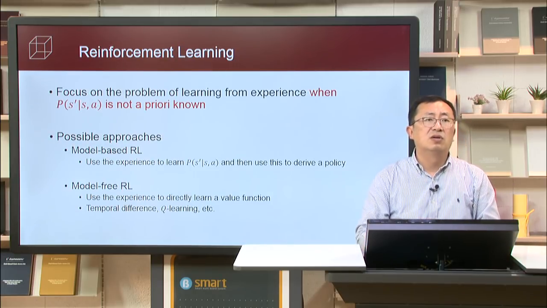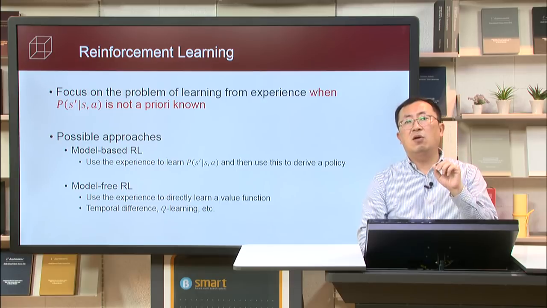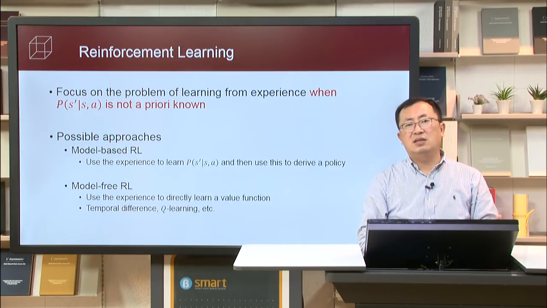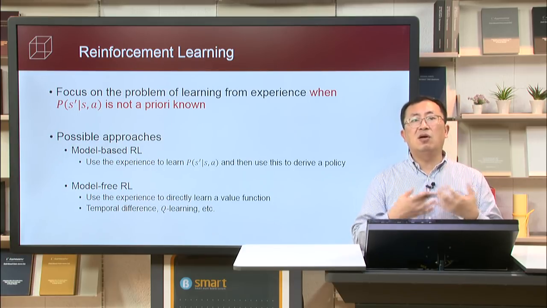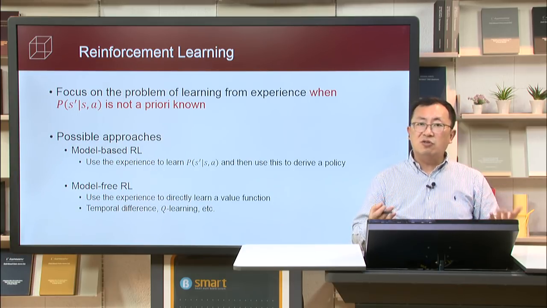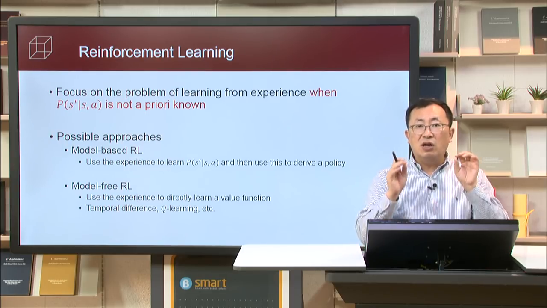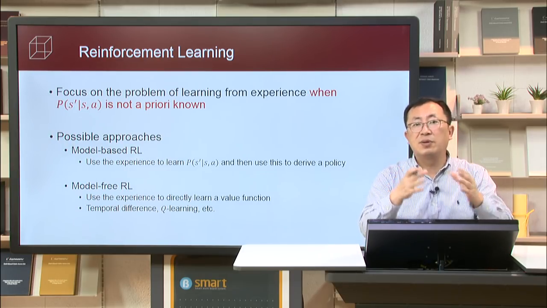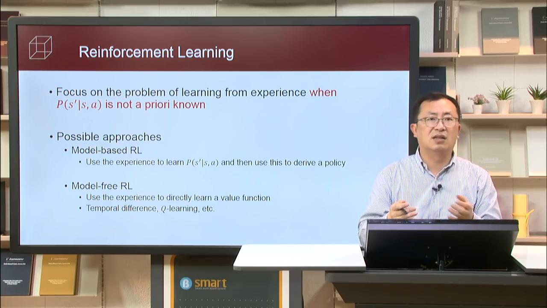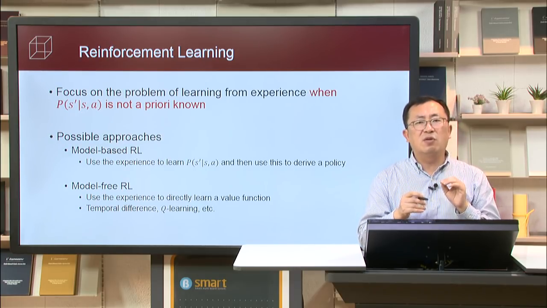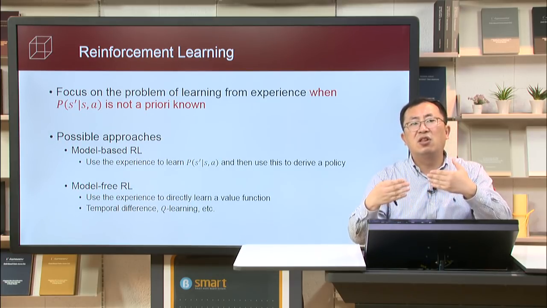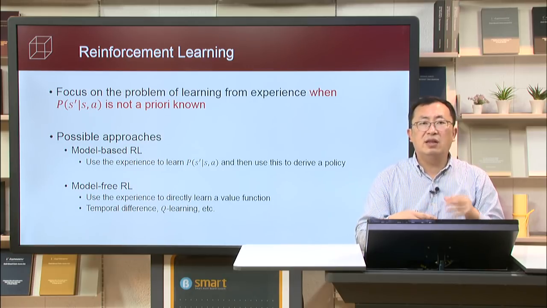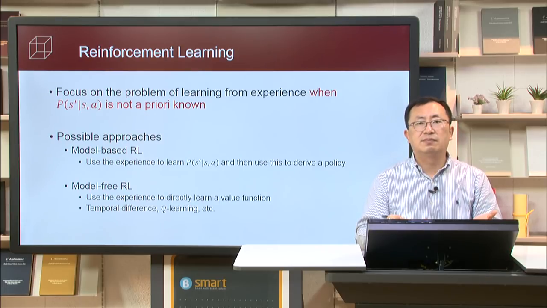All right, so far we've discussed the infinite horizon Markov decision process and its algorithms. When it comes to the Markov decision process, we assume that all the information of the reward and the transition probabilities is given, and we focus on finding the optimal policy. On the other hand, reinforcement learning focuses on the problem of learning from experience when the reward or the transition probabilities are not available.